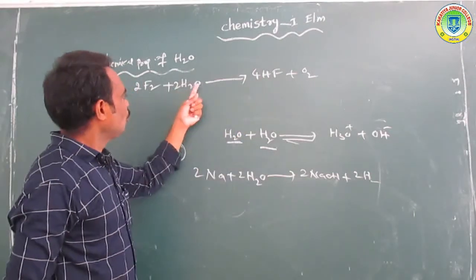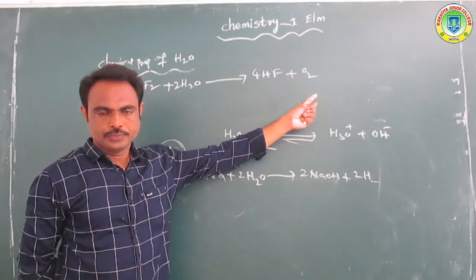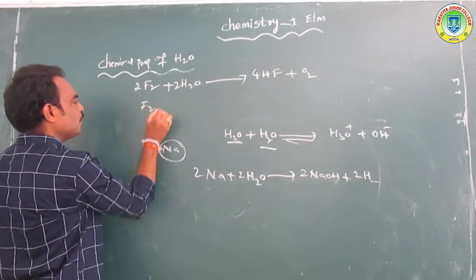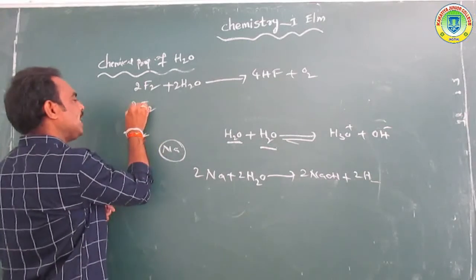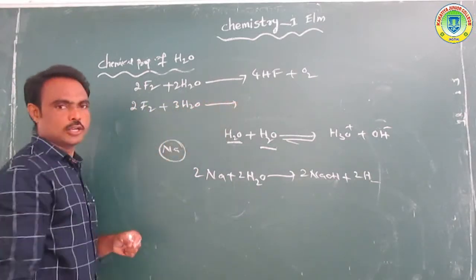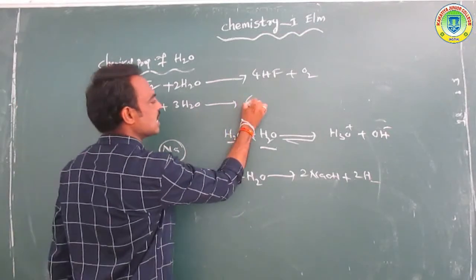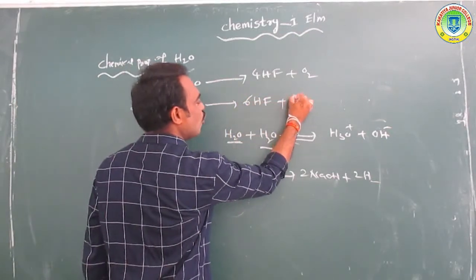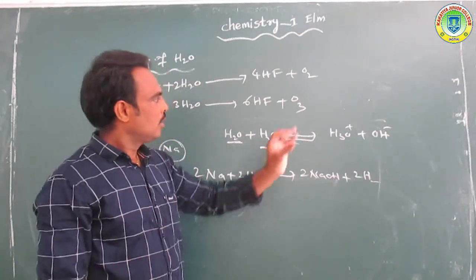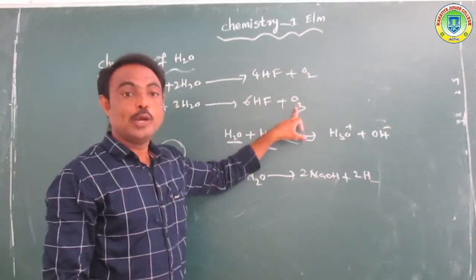Next 2O, O2. Or suppose we take a larger quantity of F2, it reacts with 3 moles of water. At that time it is converted to hydrogen fluoride and O3. So in these reactions oxygen and ozone are formed.